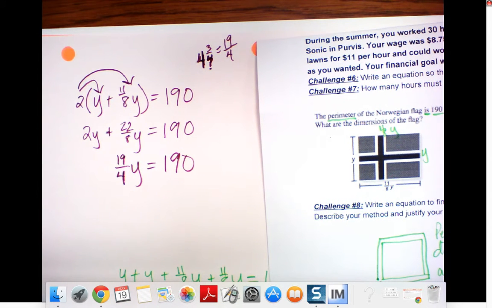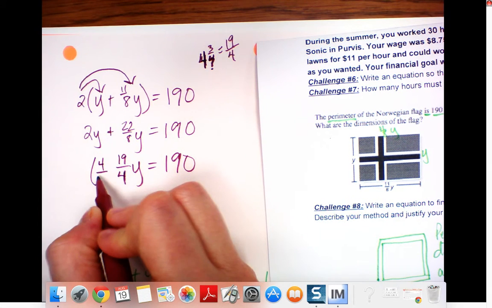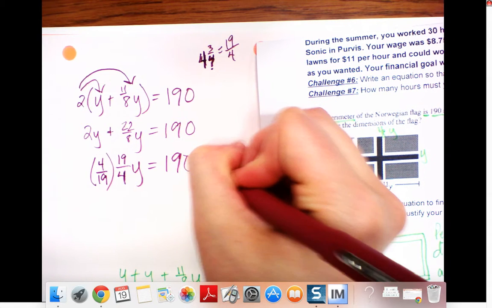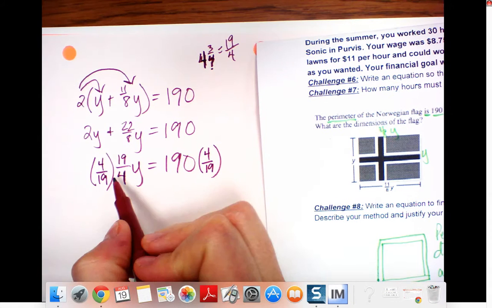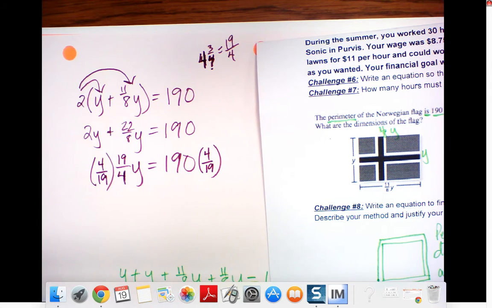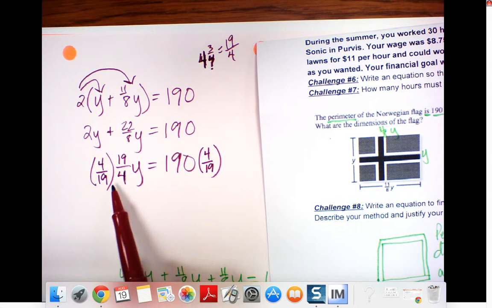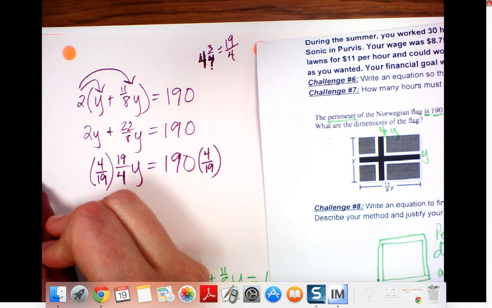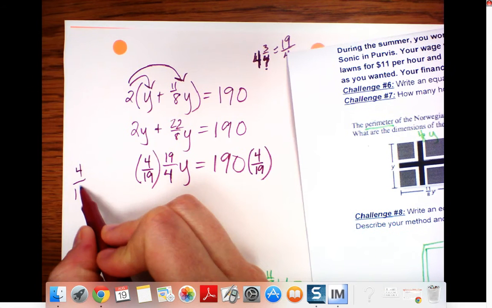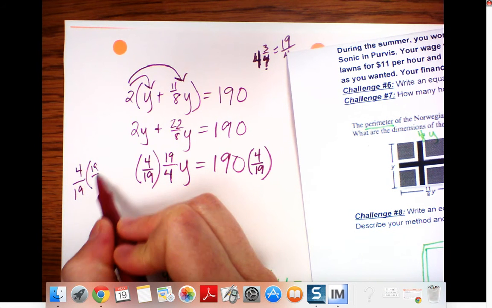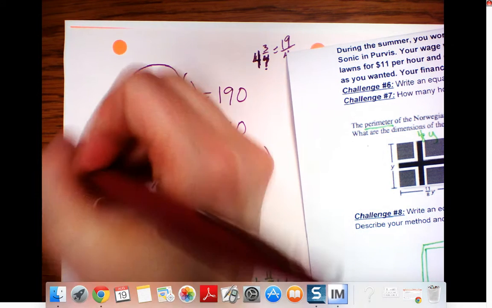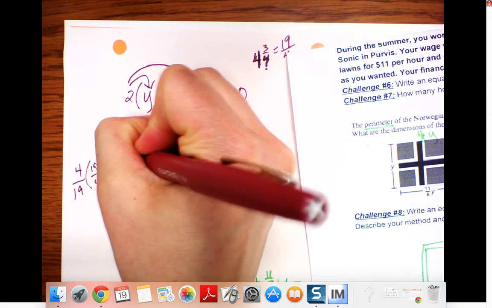And in order to isolate the y, we have to multiply by the reciprocal of 19/4, which is 4/19. So the reason why you multiply the reciprocal, there's another name for this. It's called the multiplicative inverse, because whenever you multiply straight across the top and straight across the bottom, let's see, 4 times 19, that'd be 76 divided by 76, which is 1.